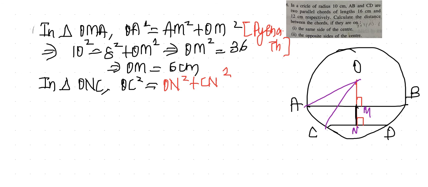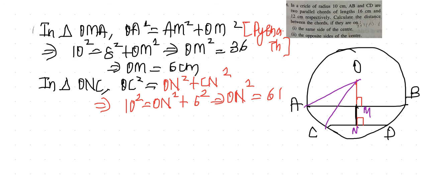OC is already equal to 10, so this implies 10 square is equal to ON square plus CN square. CN you have calculated as 6, so ON square will be equal to 10 square minus 6 square, which is 64. So the value of ON will be equal to 8. So ON you are getting as 8 centimeter.